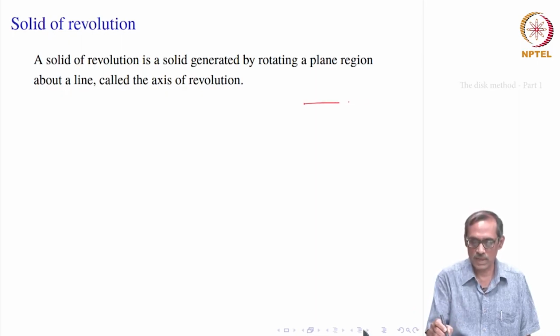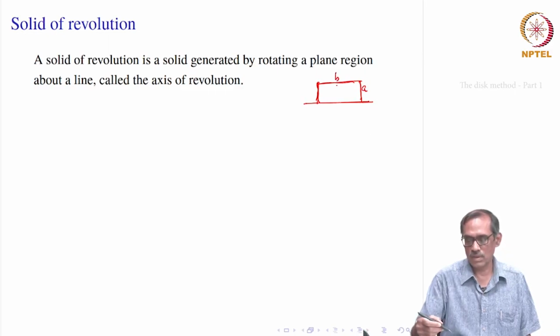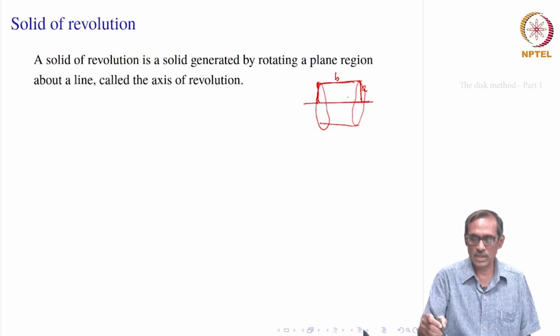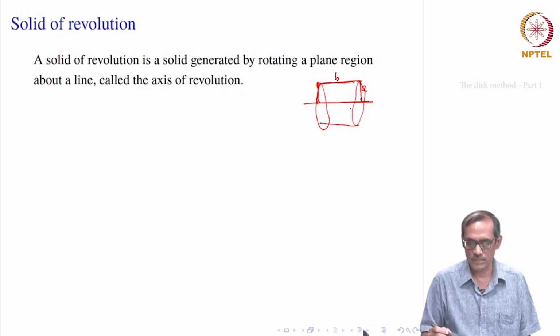For example, if you take a line and a rectangle on it, suppose you take this as the axis of revolution and the rectangle has one side A and the other side B. Now when you revolve it around this straight line, you would get a cylinder of height B and a circular base of radius A. So, this is an example of a solid of revolution.